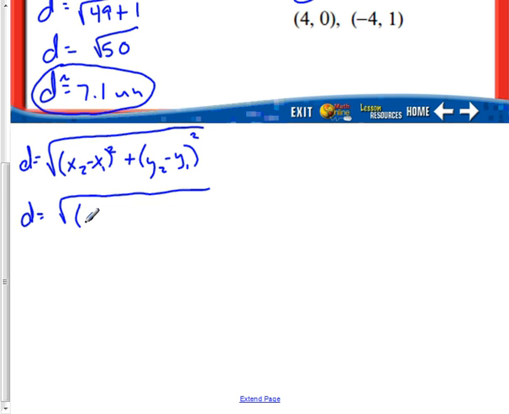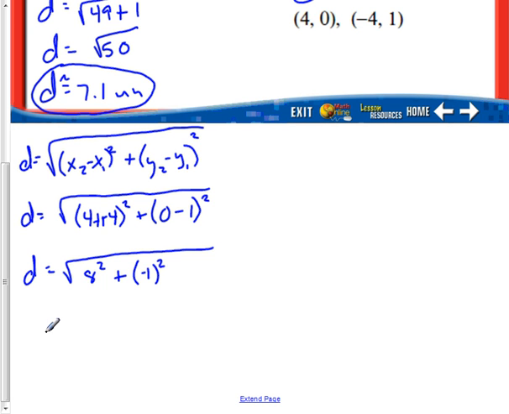We're going to have x2 is 4 minus -4 squared plus y2 is 0 minus 1 squared. So d equals, again, this is a double negative, so we're going to have 8 squared plus -1 squared, and so d equals the square root of 64 plus 1, or the square root of 65.